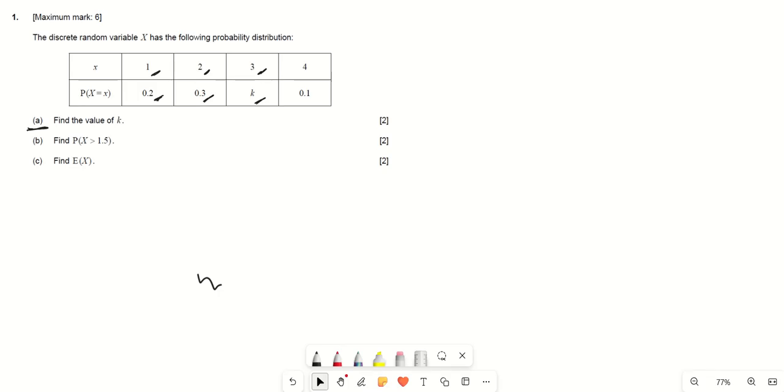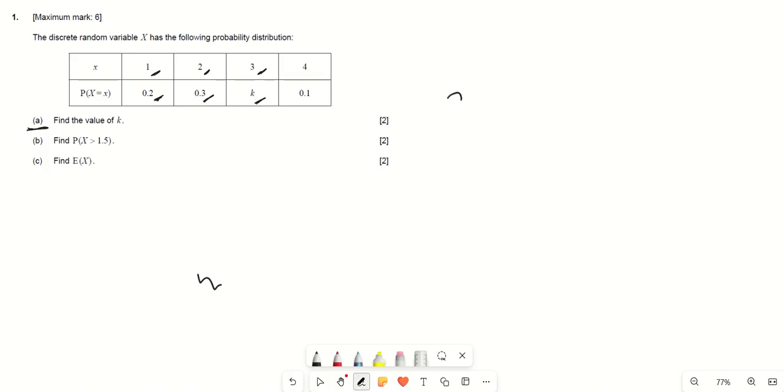When a random variable is given, the sum of all the probabilities for all the outcomes should be 1.